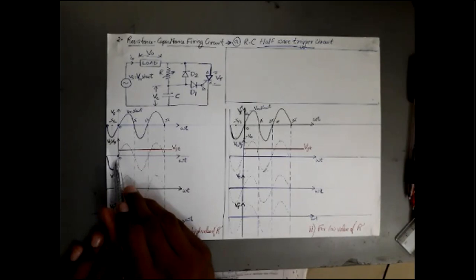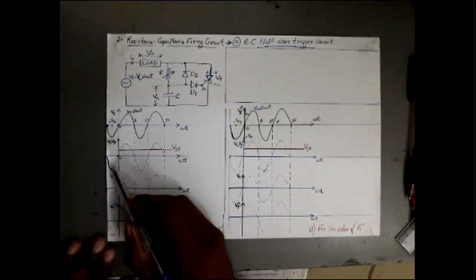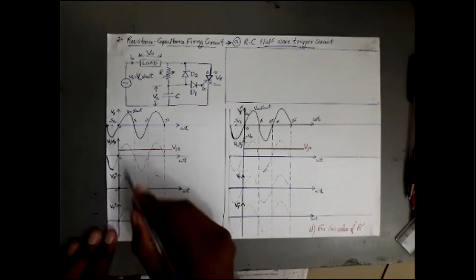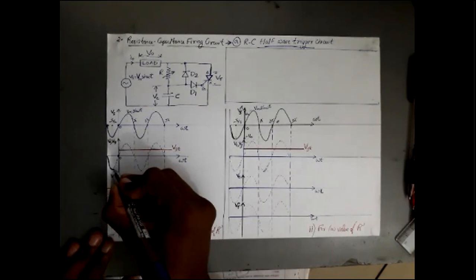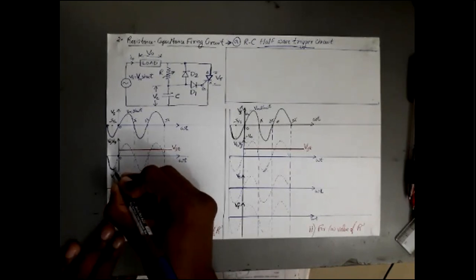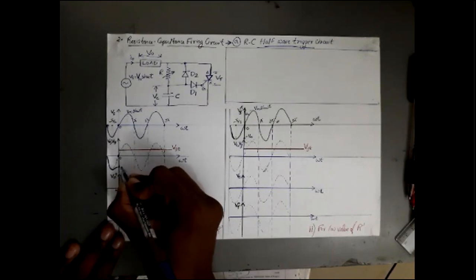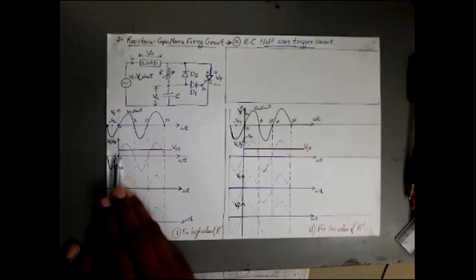What is the property of my capacitor? The capacitor will oppose this sudden change in voltage. So even if the supply voltage has fallen directly to zero, my capacitor voltage will fall slowly. Slowly it falls to point A. When my supply voltage has become zero, my capacitor voltage has become a value minus OA.